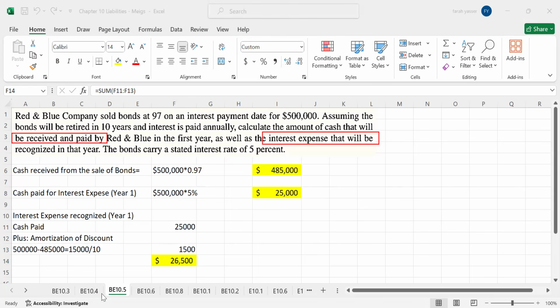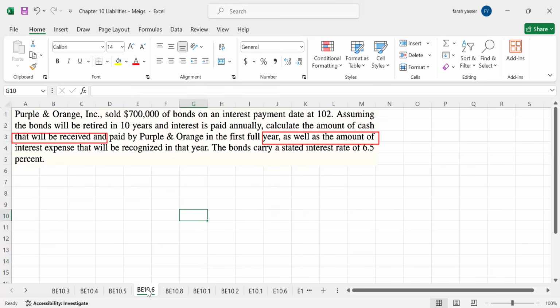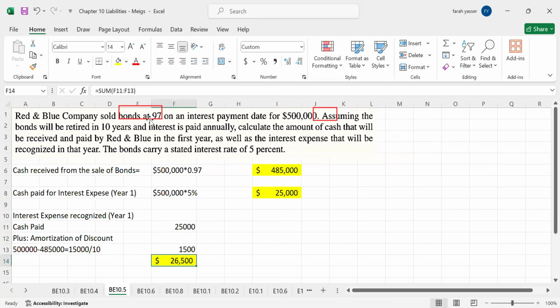So this was 10.5. Now we are going to do a similar question with the bond premium. The company Purple and Orange Corporation sold $700,000 bonds on an interest payment date at 102. The previous bonds were issued at 97, so that was a discount.